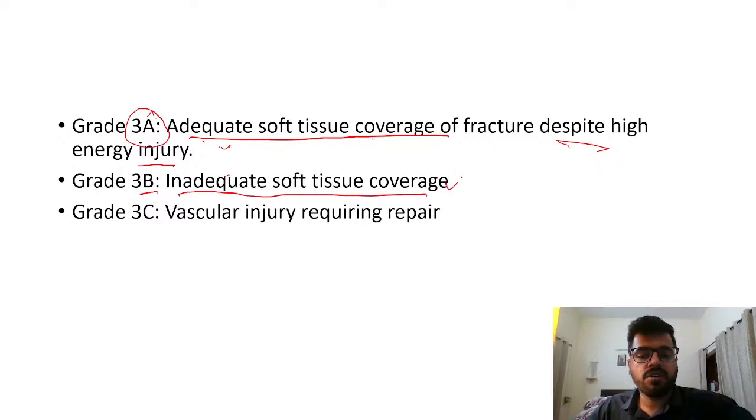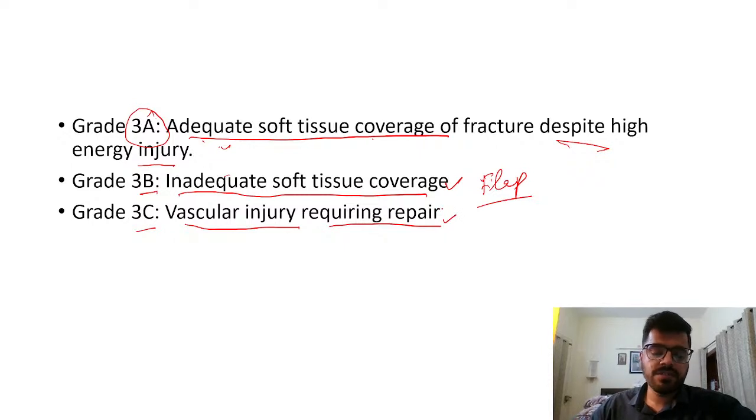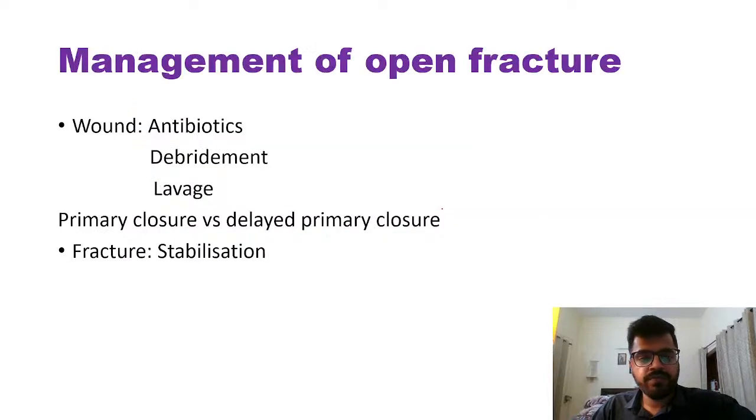So we need some soft tissue coverage procedure, maybe some plastic intervention, maybe split skin grafting, or maybe some flaps. And grade 3C is vascular injury which requires repair. Grade 3C is the vascular injury which requires repair. So that is Gustilo-Anderson classification, very important from exam point of view.